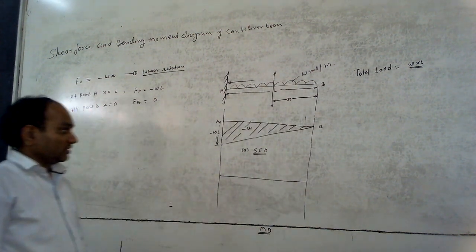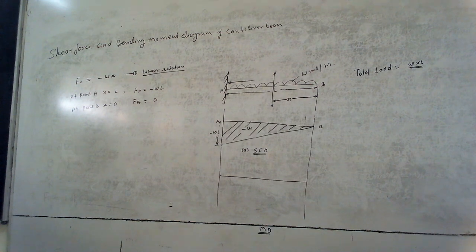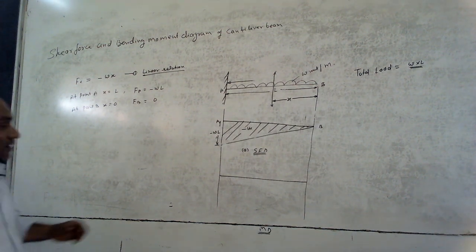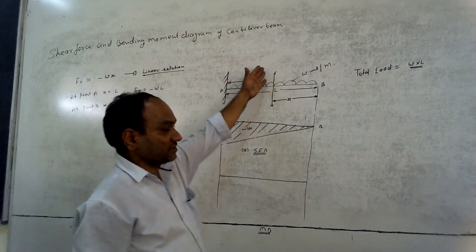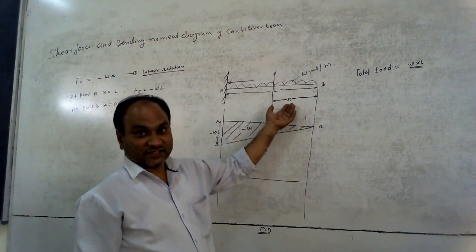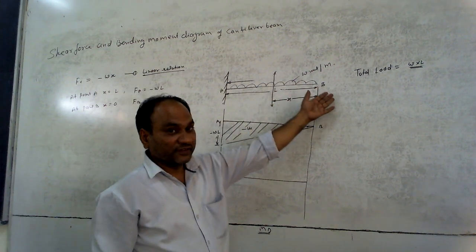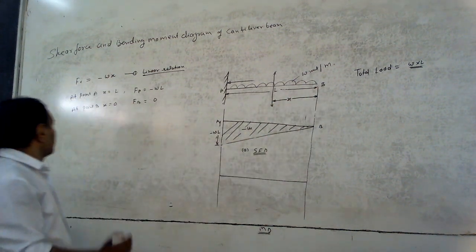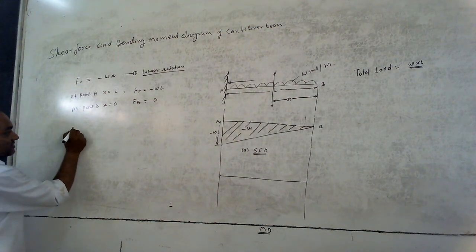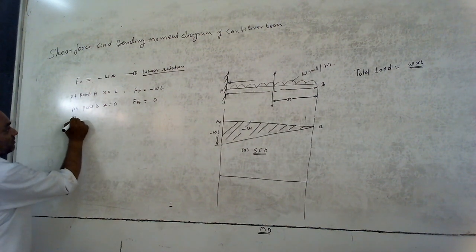I am going for the bending moment diagram. For the bending moment diagram, again you consider the same section at a distance x from the free end. Mx, this is the bending moment.